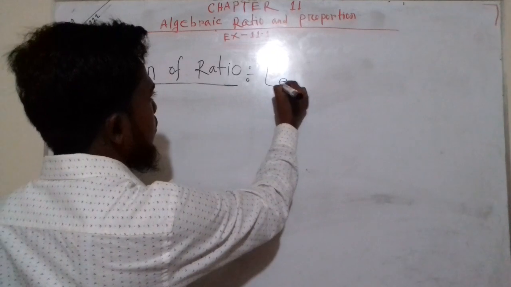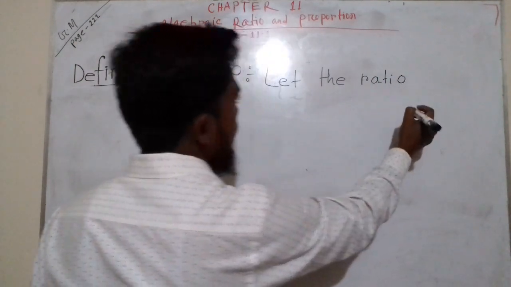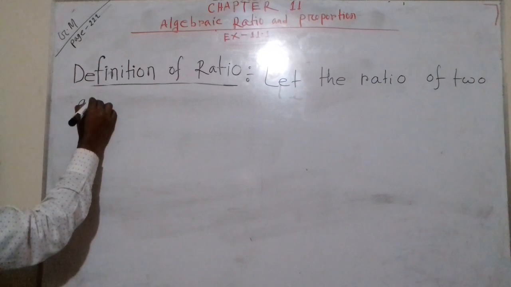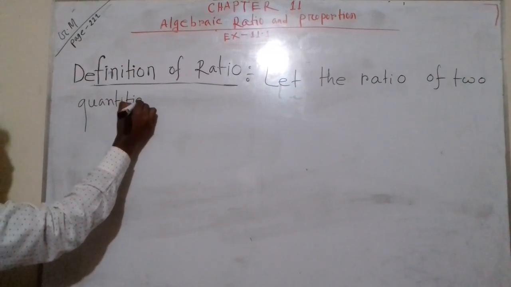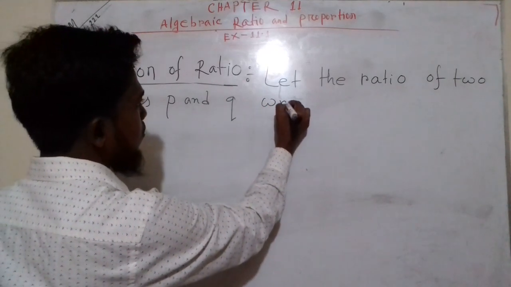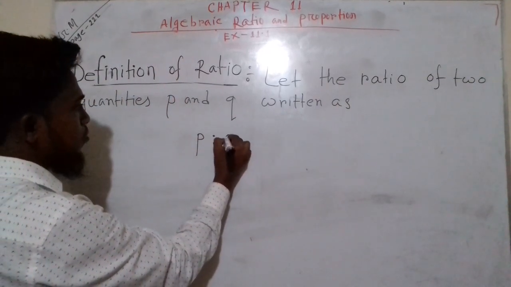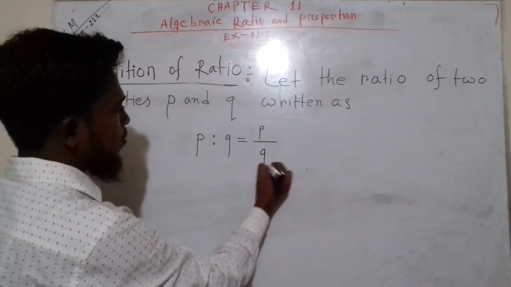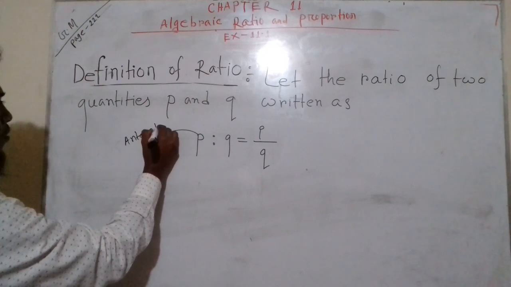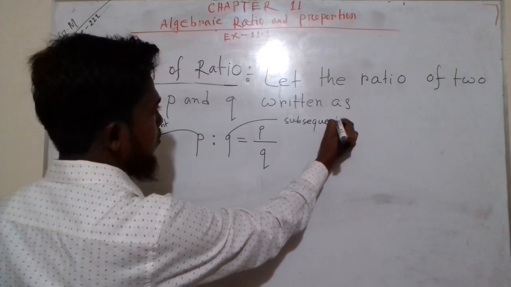Let the ratio of two quantities P and Q be written as P is to Q equal to P by Q. Here P is the antecedent and Q is the subsequent of this ratio.